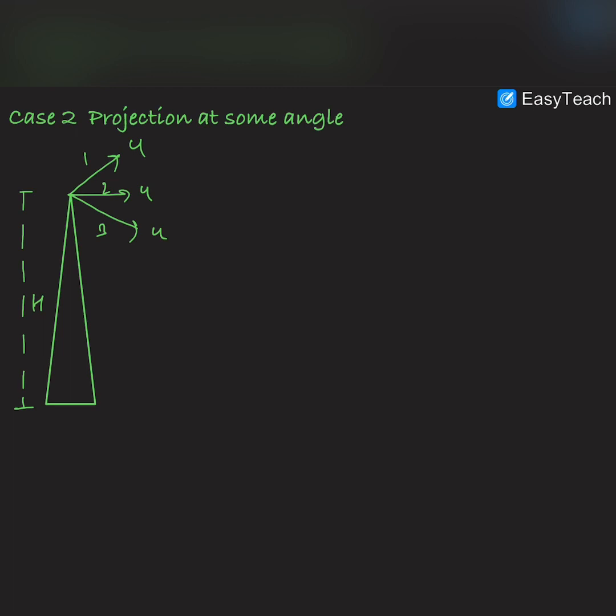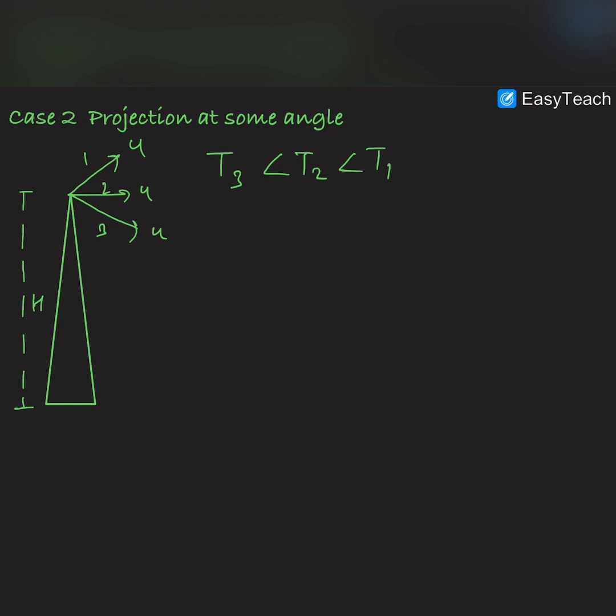So we can say that the fastest projectile to reach the ground would be 3, and the time taken by 3 is the least to reach the ground. So the time of flight of 3 is least, then the time of flight of 2, and then the time of flight of 1. Which means that projectile 1 would take the greatest time to reach the ground. So this is the fact.